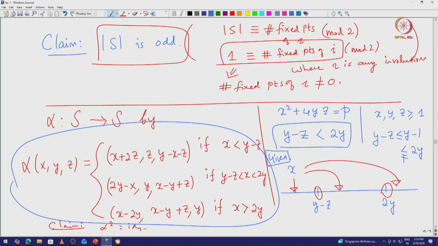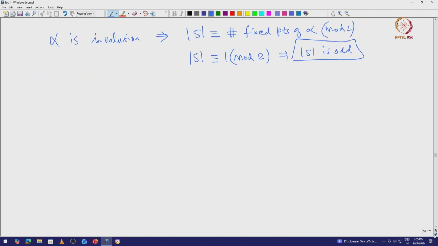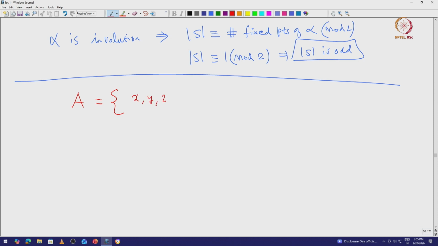Okay. So, if you think about it, you can directly check it, it is not a very difficult thing to do. So, let me just write down what is supposed to be checked and then you can check properly. Call this capital A, which is a subset of S, where you collect all those triples x, y, z in S such that x satisfies the first inequality, x is less than y minus z.